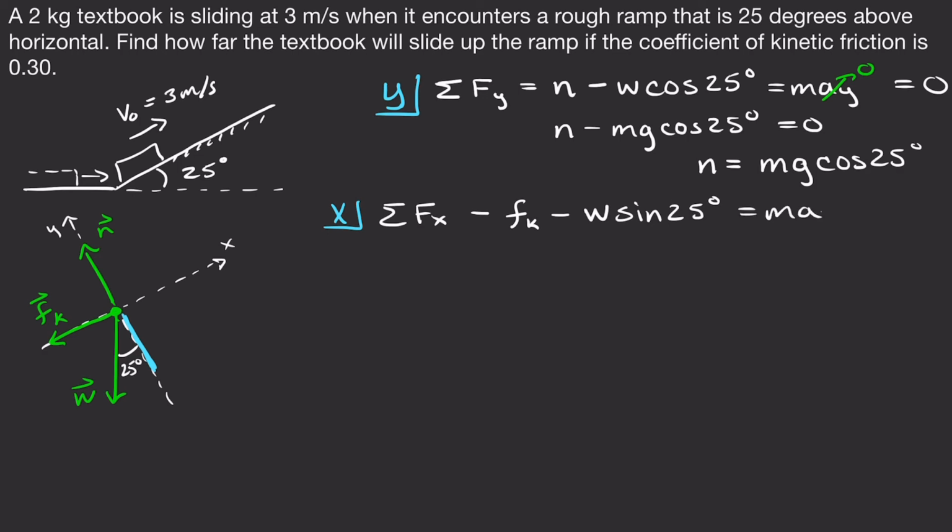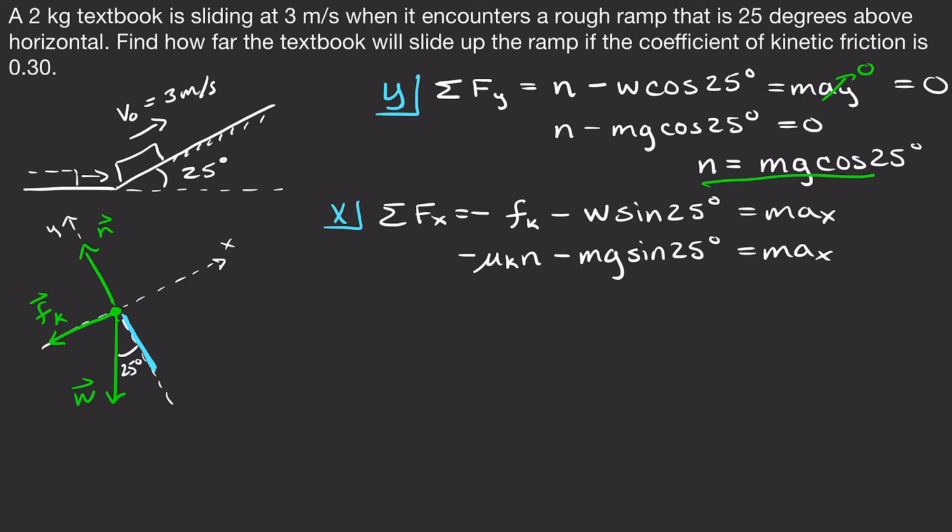It's equal to mass times acceleration in x. Okay. And now I know I'm decelerating, so that's not equal to 0 in this case. And now I'm going to substitute in mu k times the normal force for friction and mg for my weight, equal to mass times acceleration.